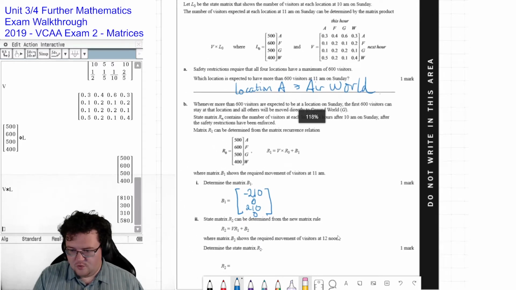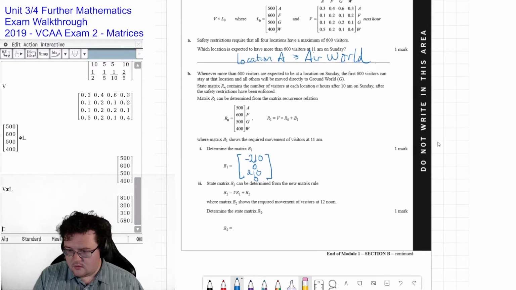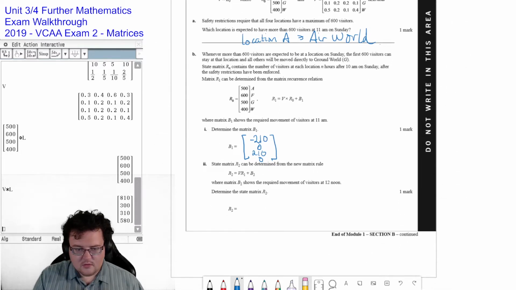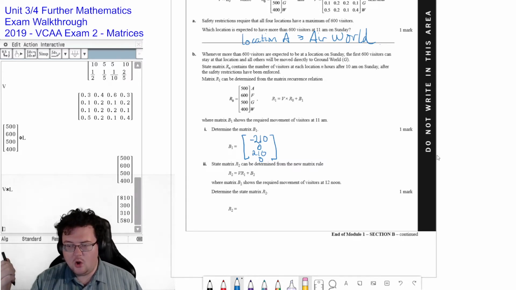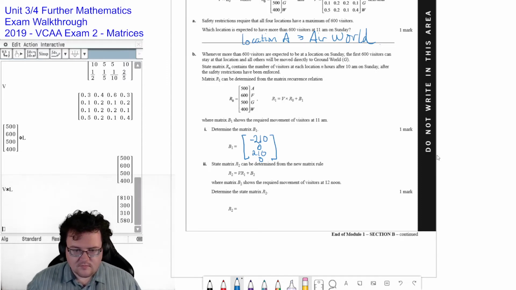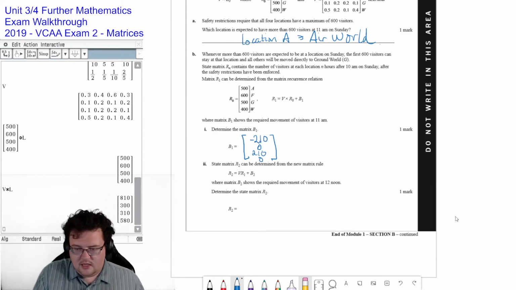And now R2 will give us a new type of equation. So once we apply the transition, what's going to happen next? Because if we subtract a bunch from one and add a bunch to another, well, let's put it into the calculator and see what happens.